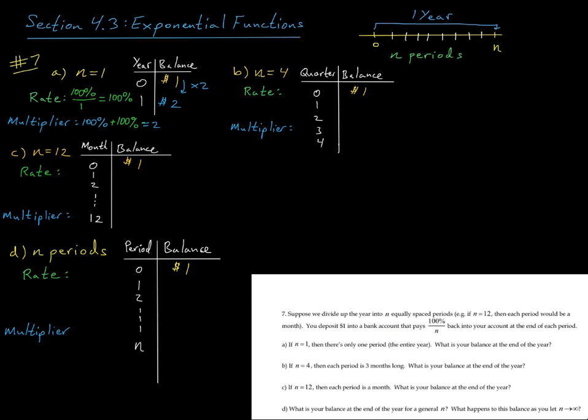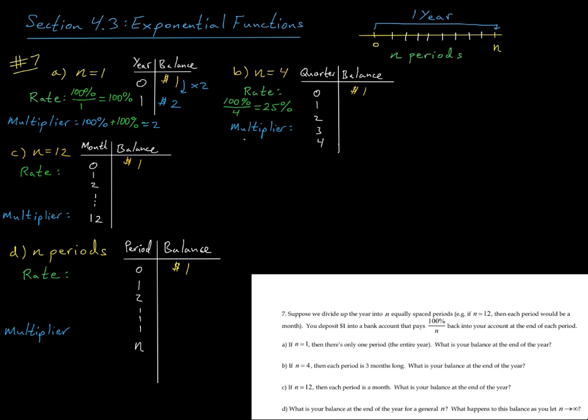Okay, now what if I divided the year up into 4 periods? These are referred to as quarters, right? Each quarter is 3 months long. According to our rule for our rate, we're going to take the 100% now and divide it by 4. This is 25%.